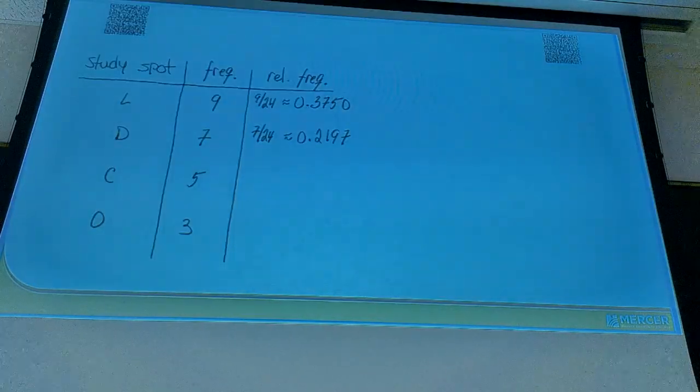So I'll say 0.2197. The cafe were 5 out of 24. 2083 repeating. That was 291, not 219. I'll fix that.